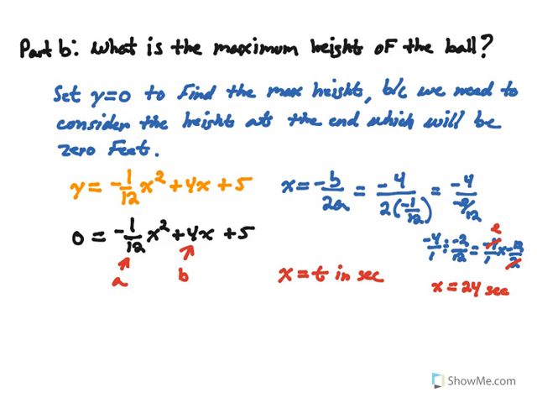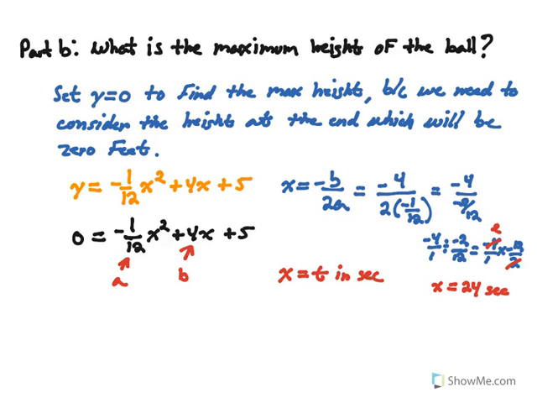The x coordinate is the time it takes to cover the distance along the x-axis. Now we can plug the x value back into this equation to get my y value, and the y value is the vertical distance, which tells me the maximum height.